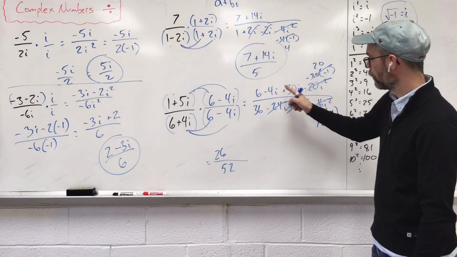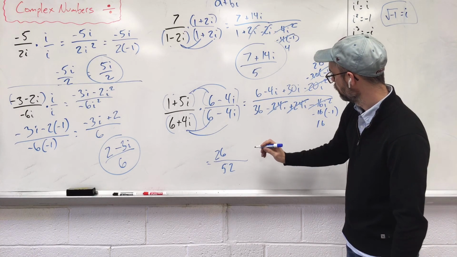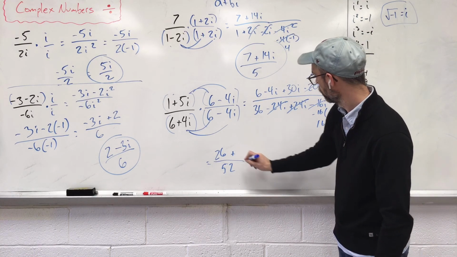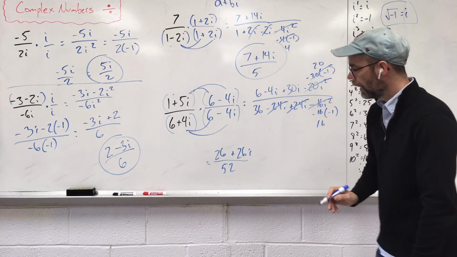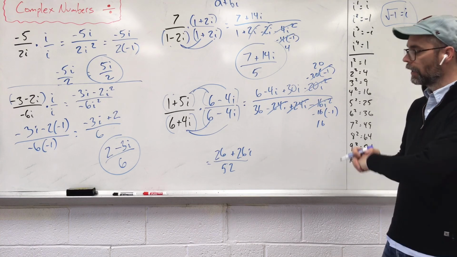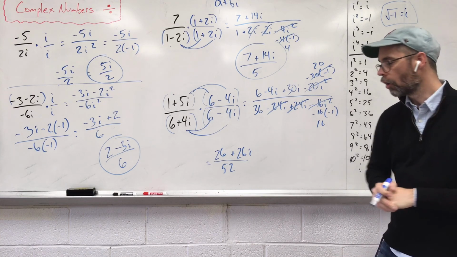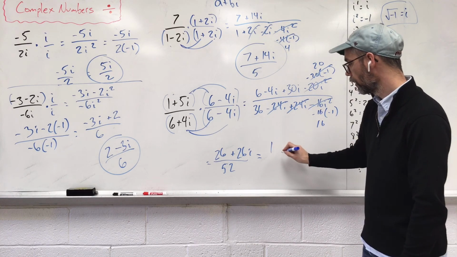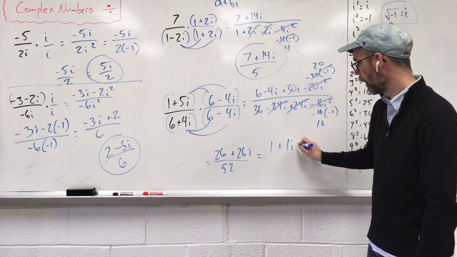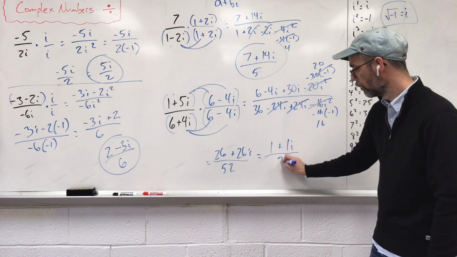And 30 minus 4 to be plus 26i. And we can simplify again. 26, 26, and 52 all share a number. They all share 26. So we're going to say 1 plus 1i all over 2.